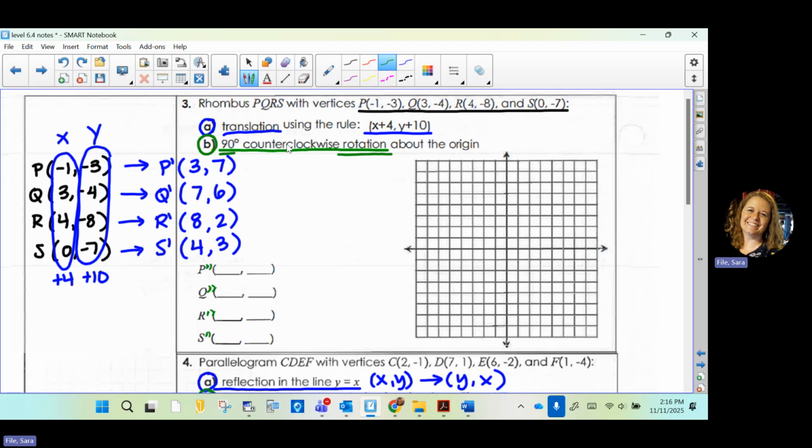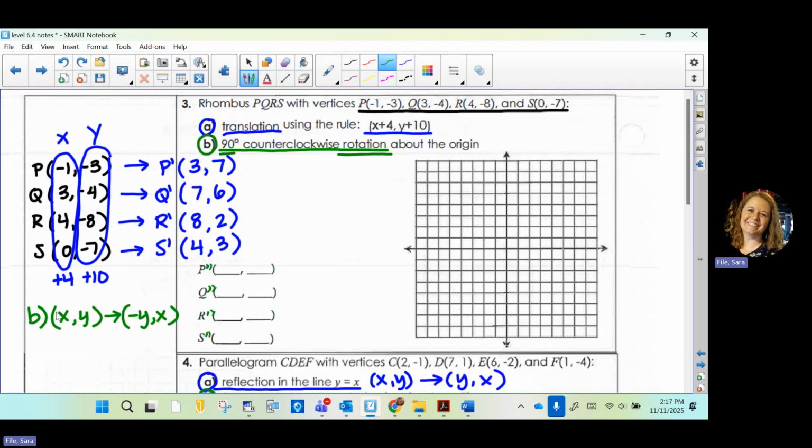And your formula chart tells you for part B, it says a 90-degree counterclockwise rotation says that your XY will become -YX. So they'll switch spots, and whatever the Y value was, we change the sign.